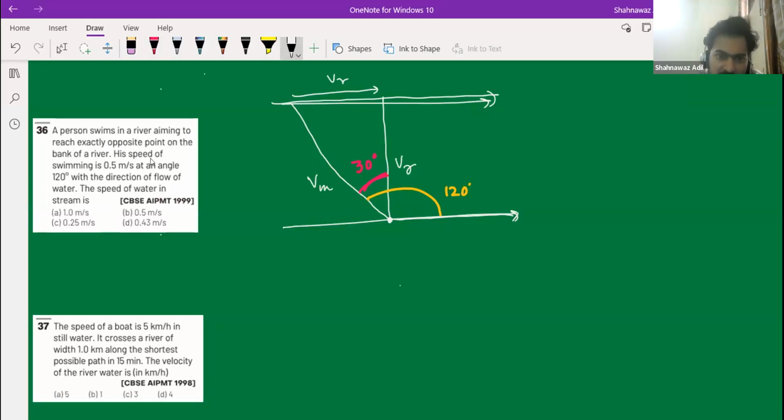And what do we have? His speed of swimming is 0.5 at an angle of 120 degrees to the direction of flow of water. So this is the velocity of the man, 0.5 meter per second.